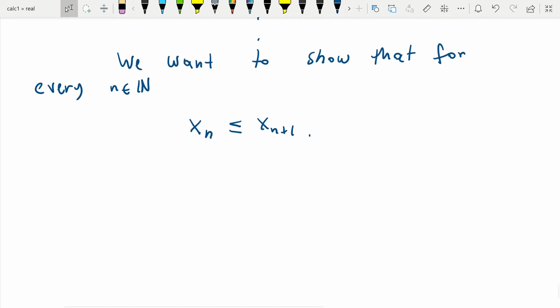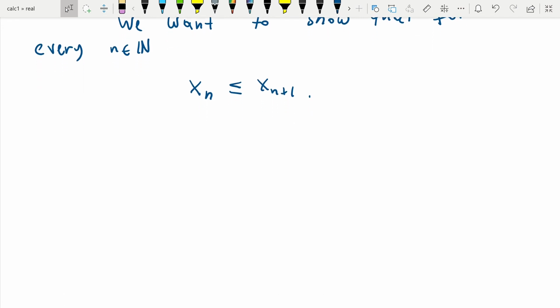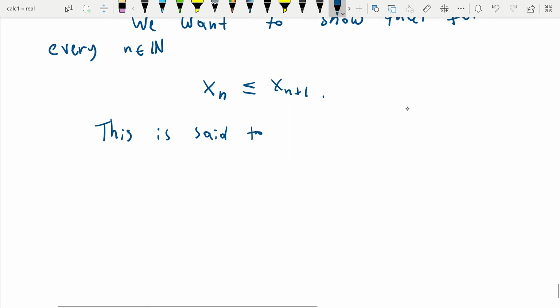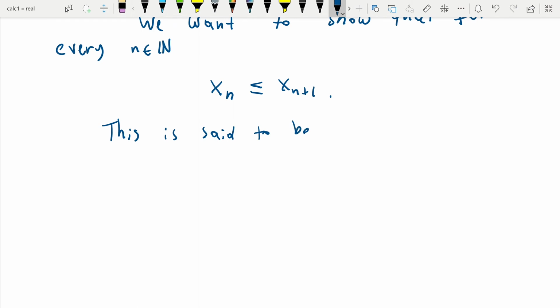Okay, so just a little bit of notation. This is said to be a non-decreasing sequence. Okay, so if you have a sequence for which the values are not getting smaller, then it's a non-decreasing sequence.